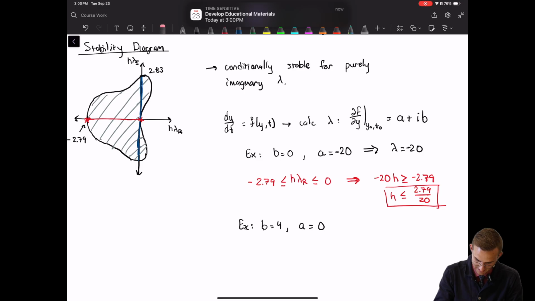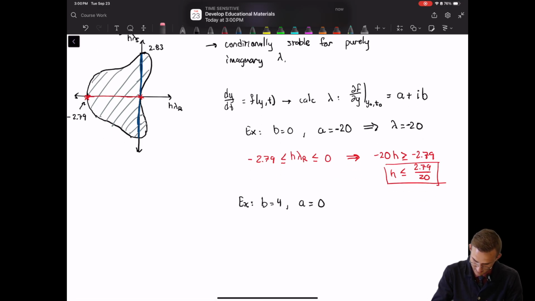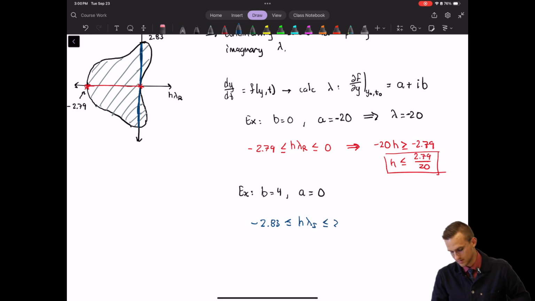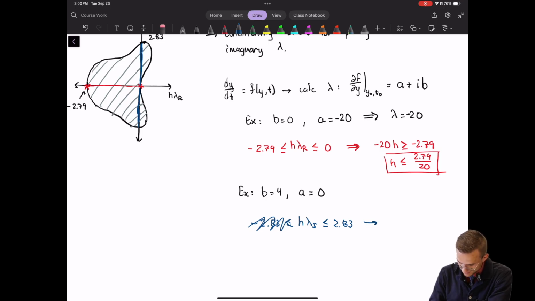You need h times lambda I to lie between minus 2.83 and 2.83. Lambda I happens to be positive here, and h is always a positive number, so the left-hand side doesn't matter. You just get that 4 times h has to be less than or equal to 2.83, so h has to be less than or equal to 2.83 over 4.